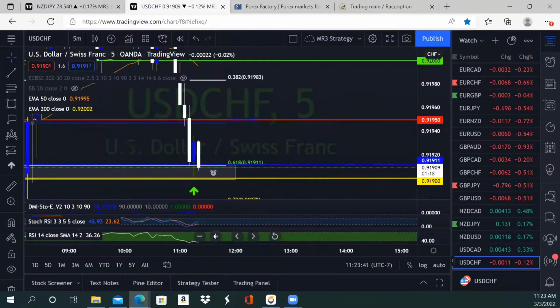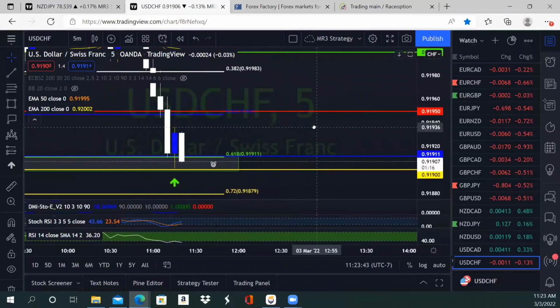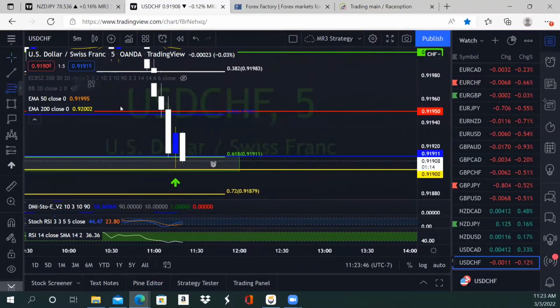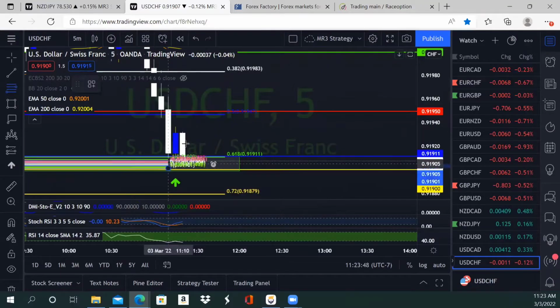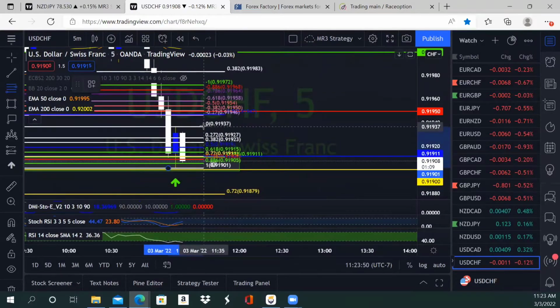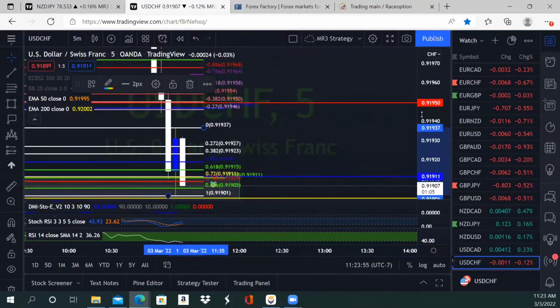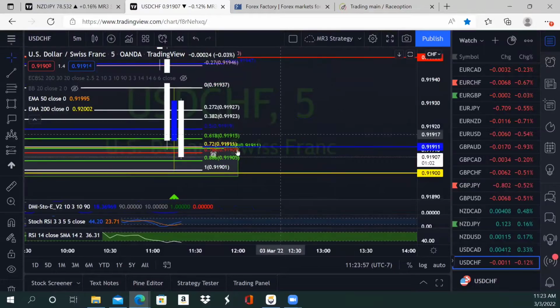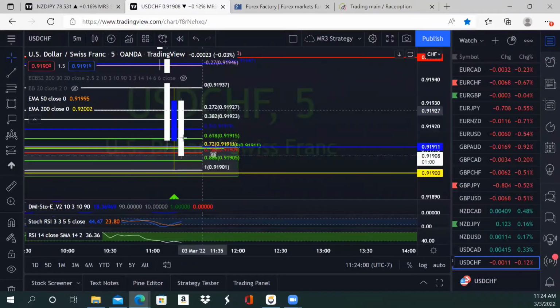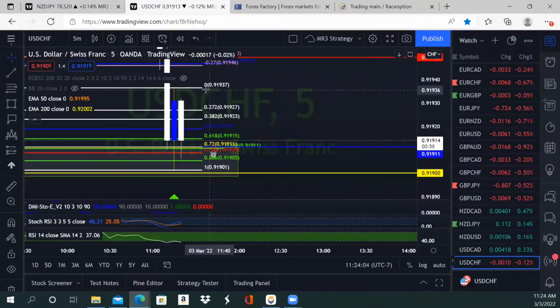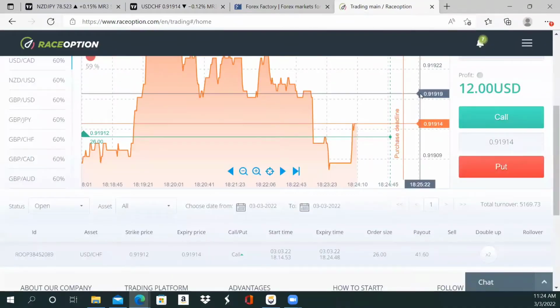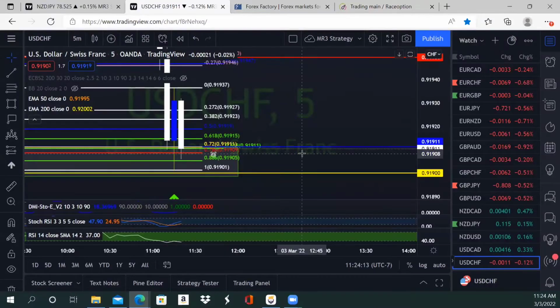Now, I'll show you something here, because we'll take a fib level here. It went to the 886 of that candle, and then you'll see a retracement right off of it. This is just the distance of this candle. So you'll see it'll start going up. Still got a little time.